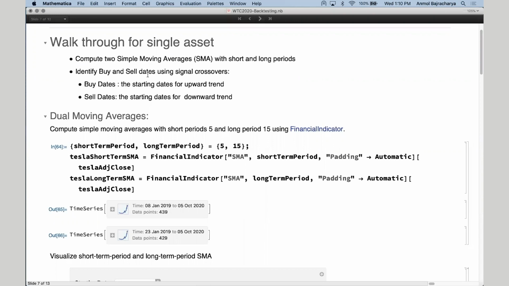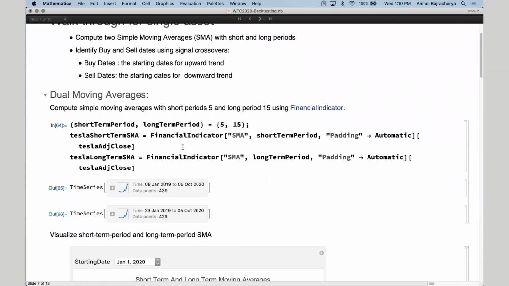And by using that on the time series, I'll be using crossovers to identify the upward trend and downward trend. Here, all I'm doing is using a financial indicator function, and I'm computing the time series of the simple moving averages for shorter and longer periods.